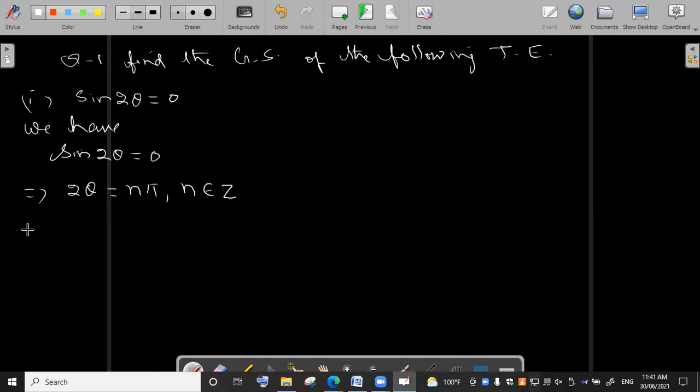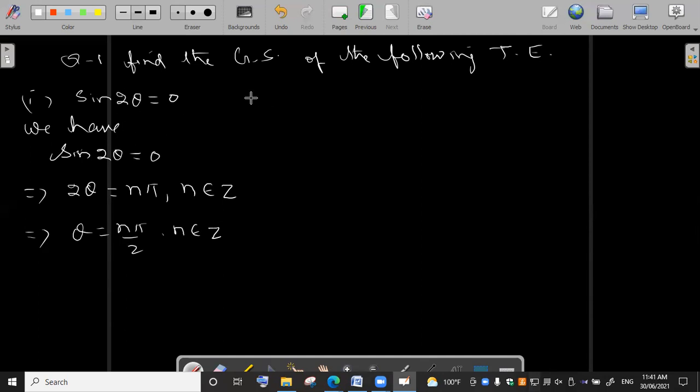We have to find theta, not 2 theta, so theta will be equal to n pi by 2. This is the solution of this equation. And if it is a square also, with right hand side 0, it is the same. If the right hand side is not 0 and it is a square, then it will have a different formula that we will study in the next part.